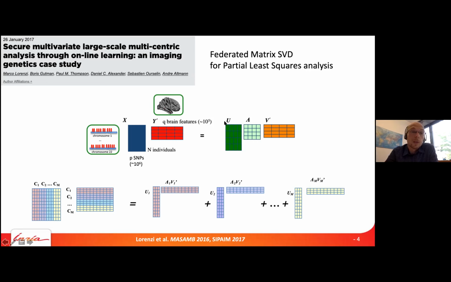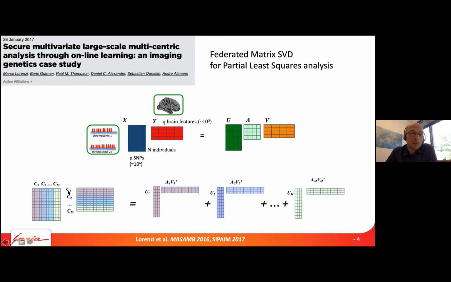And so we have to estimate eigenvalues and eigenvectors. Let's imagine that our data matrix is partitioned across centers. So we have the genetic features for center 1, and then center 2 up to center M, and the same for the imaging.